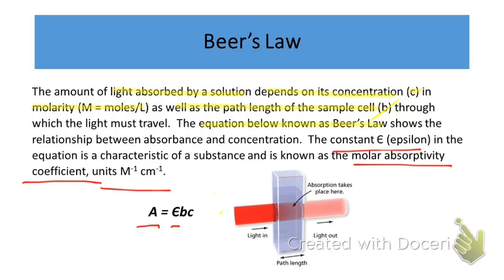Now the molar absorptivity coefficient is a constant and only changes with different substances. Each compound or molecule has its own molar absorptivity coefficient, and that is usually given to you before you do a lab.